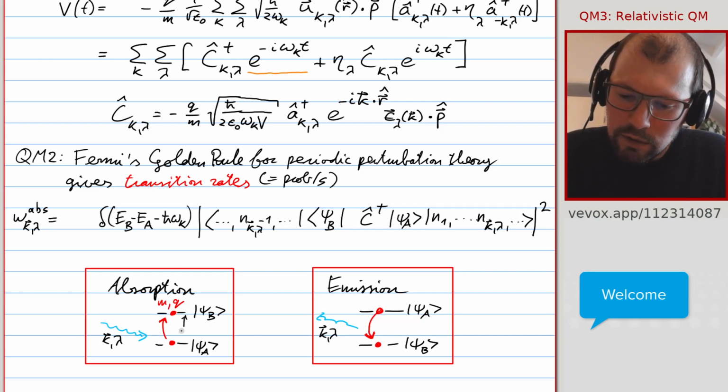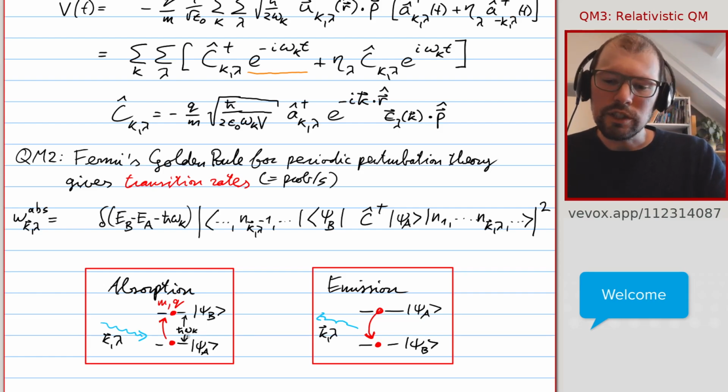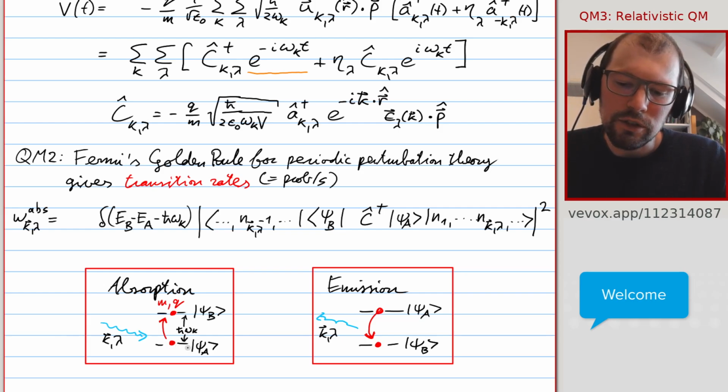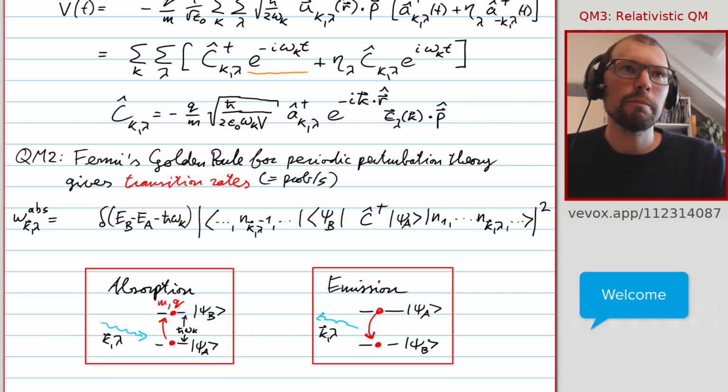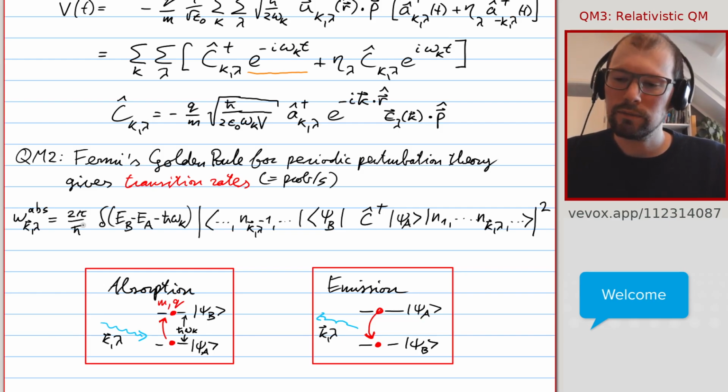But this should sound familiar to you, that you need exactly a photon of the right energy to induce a jump of the electron from this state to that state. And then there is a 2 pi over h bar in front.